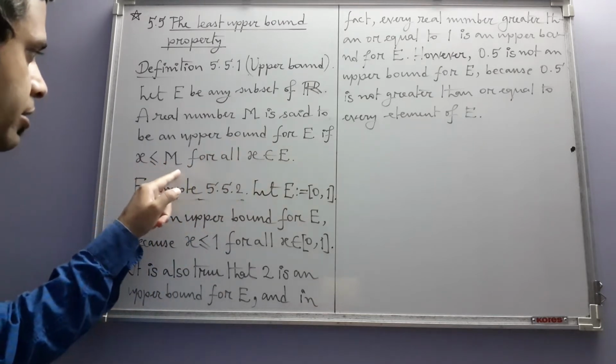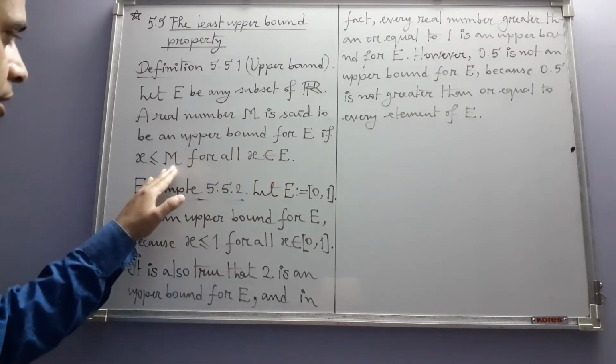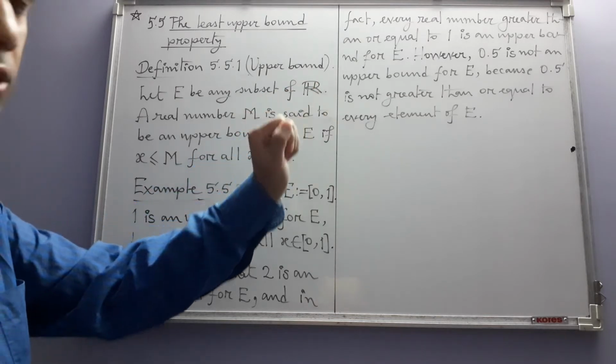So if this inequality is not true for some x in E, then we cannot say that M is an upper bound, as is the case with 0.5.